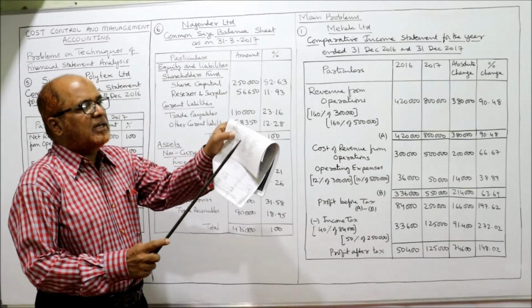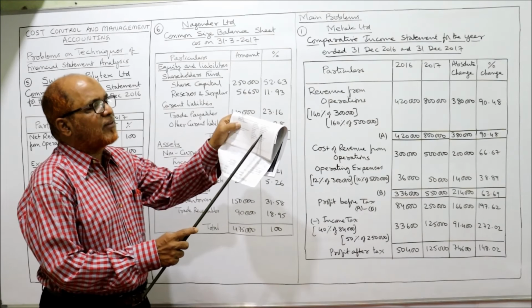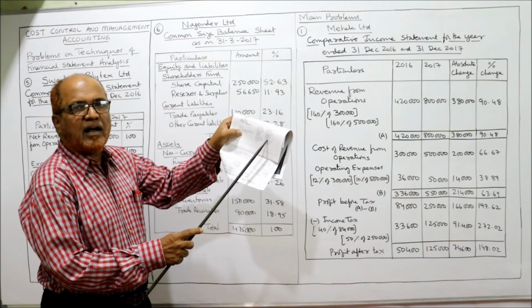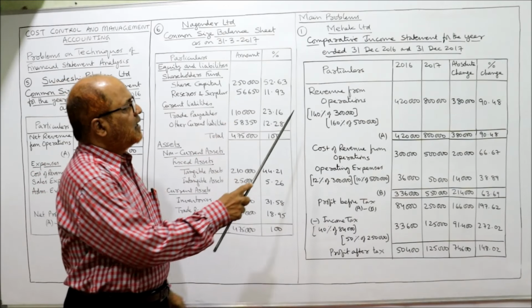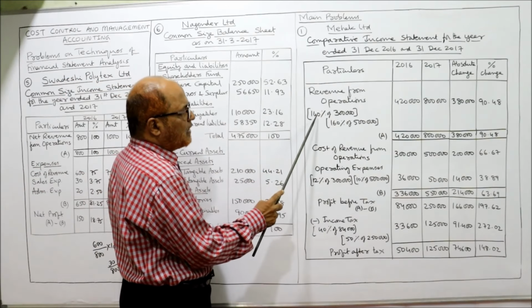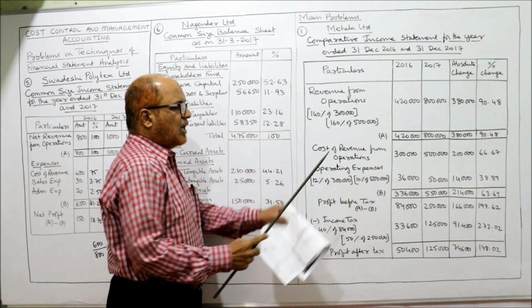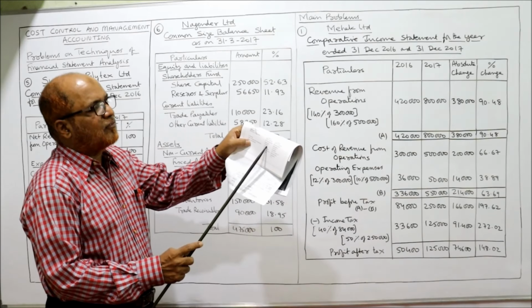So 2016, you see, 140% of cost of revenue from operations. How much is the cost of revenue from operations? 3 lakh. So 140% of 3 lakh. It comes to 4,20,000.